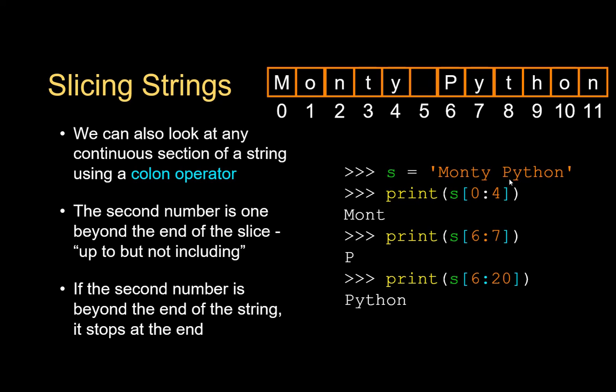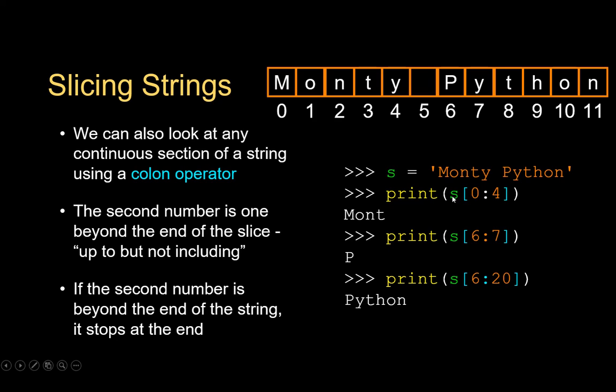And for that, you're going to use the square bracket and colon. So here our string is going to be Monty Python. We assign it to S.